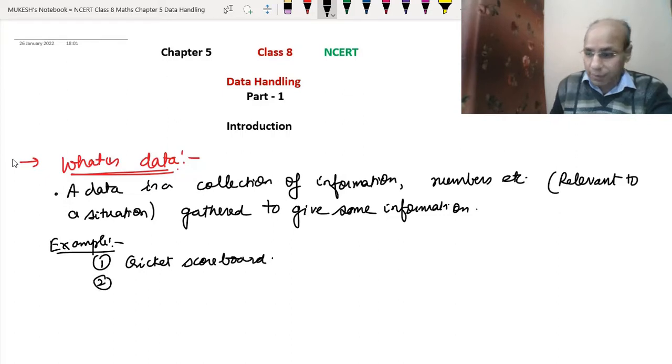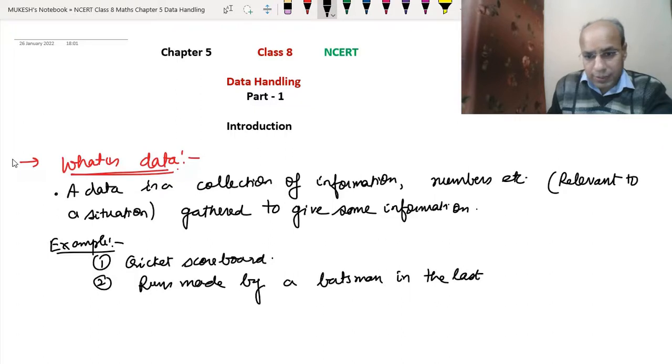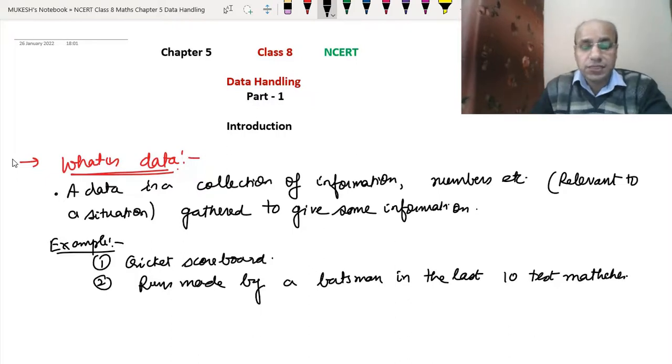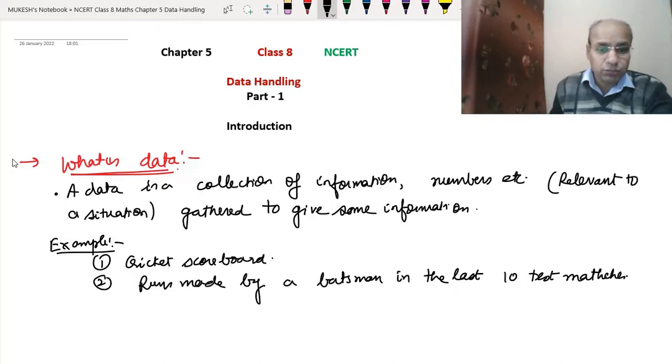The second example that we can do is runs made by a batsman in the last 10 test matches or one-days or T20s. By using this information we can see the performance of that batsman. So it is relevant to that situation, to see the performance of a batsman.